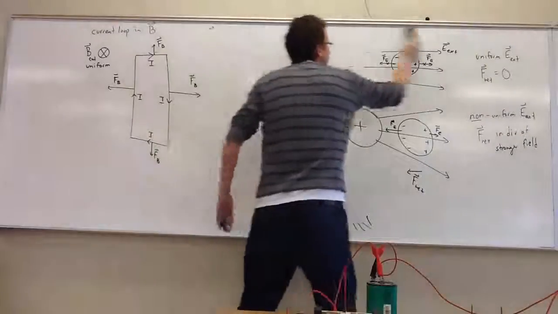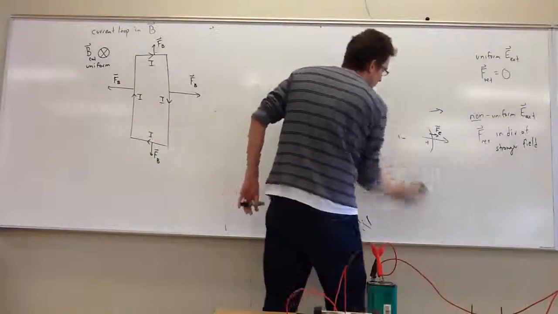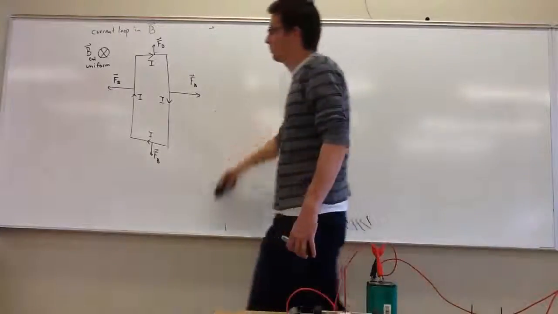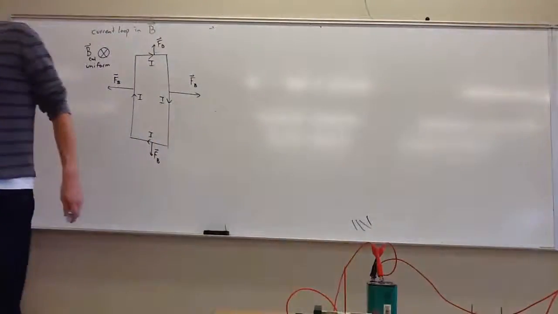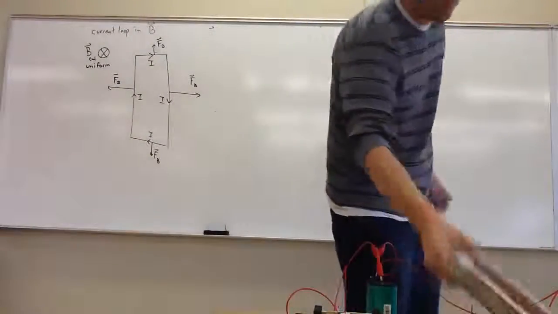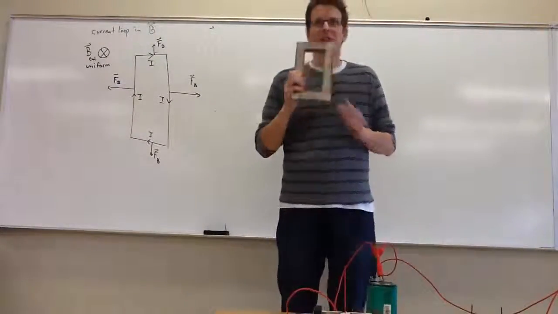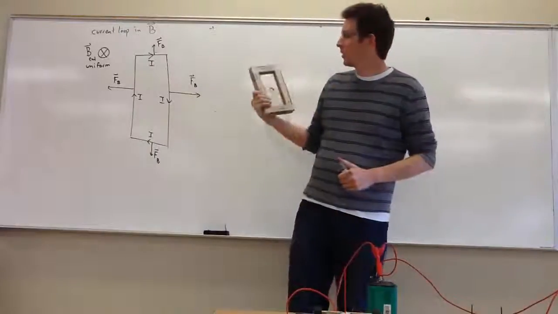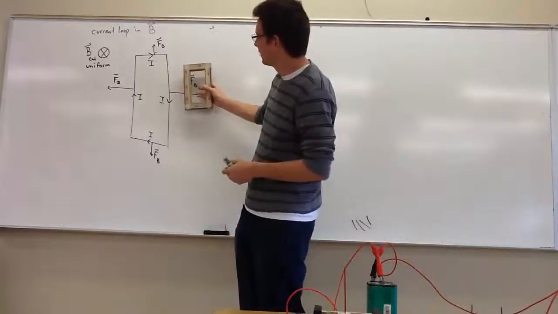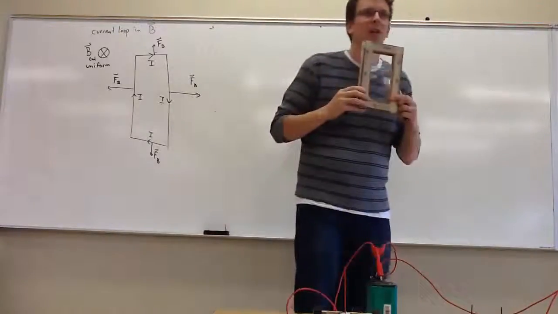So let's figure out what is going to happen here, because it doesn't seem like much. Now, in order to really show you what happens, I'm going to have to take this current loop, which of course looks like this, so it circulates around.